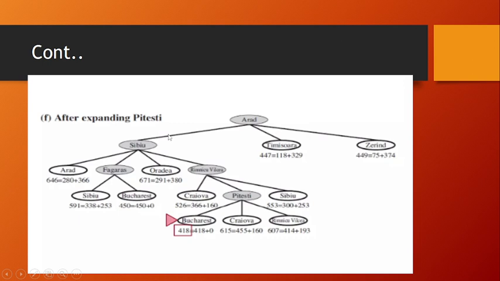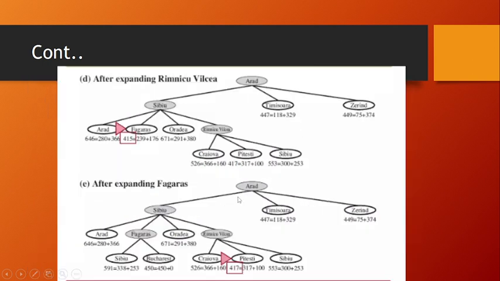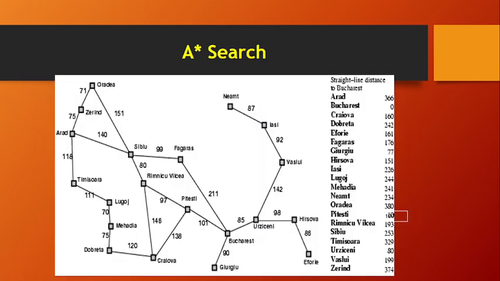So Pitesti is there. We need to see the graph once again. Next, Pitesti's nearest cities are Rimnicu Vilcea, already expanded, and Craiova as well as Bucharest.